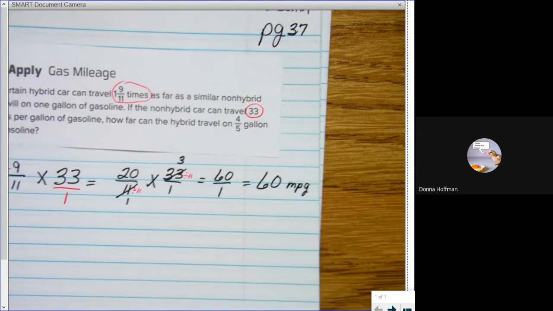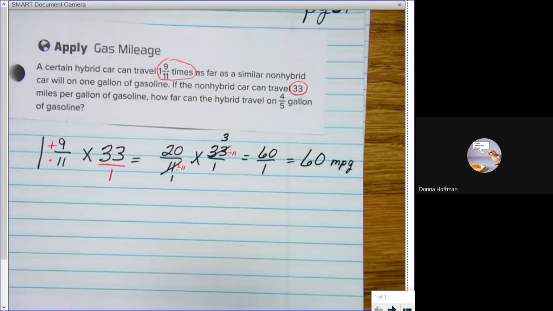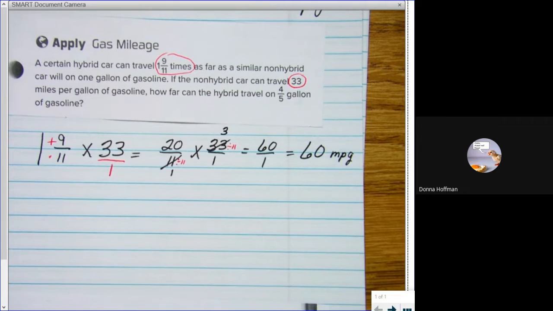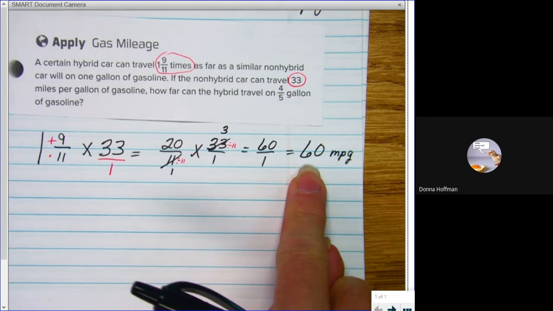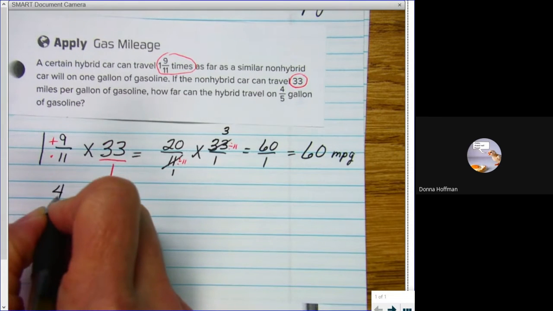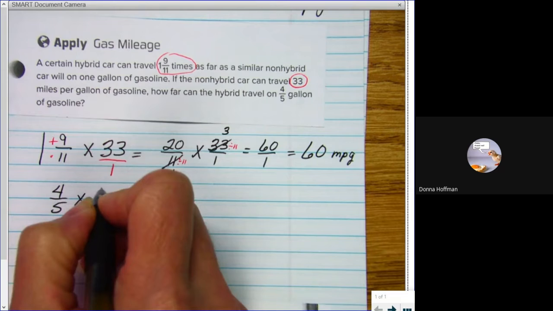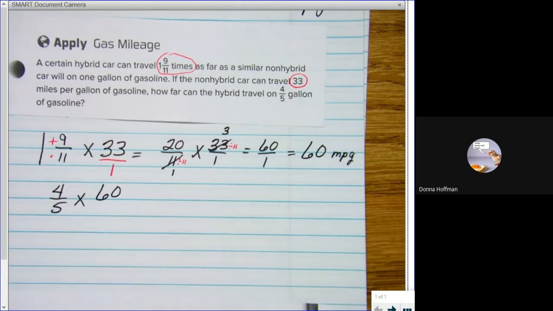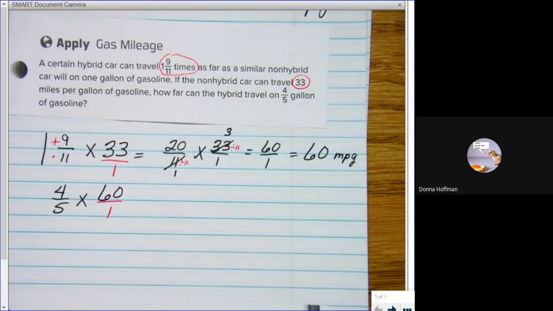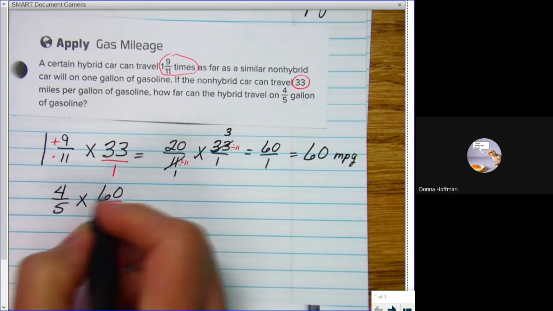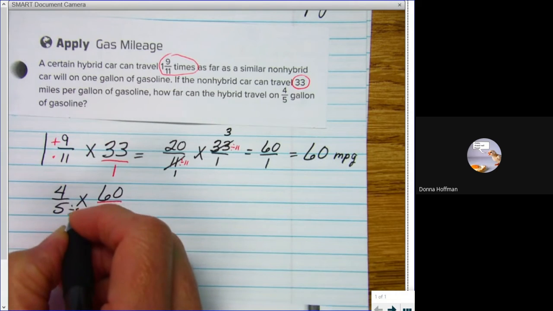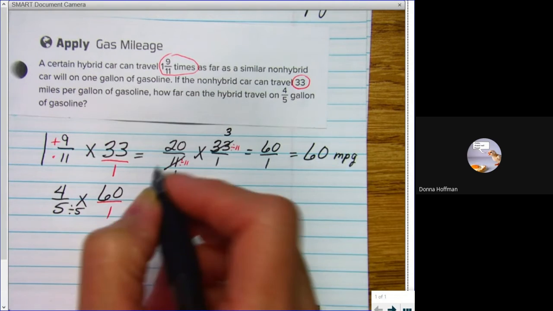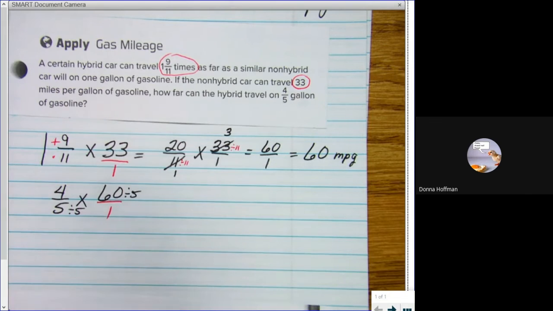Okay, now I've got to figure out, if I'm only given 4/5 of a gallon of gasoline, how far can I travel? So now I've got to take 4/5 of the 60 miles per gallon. And once again, I'm going to take that whole number and place it over 1. And the greatest common factor, I can see that between 5 and 60 is going to be 5, which is going to change some numbers here.